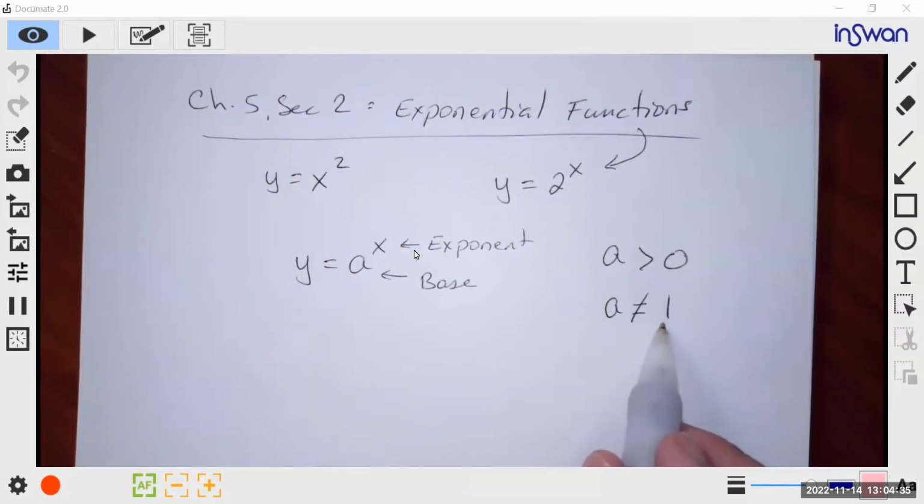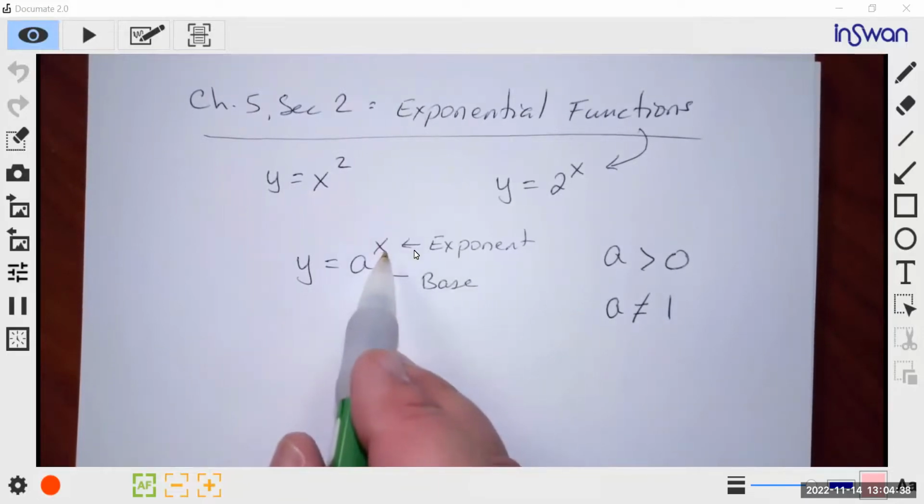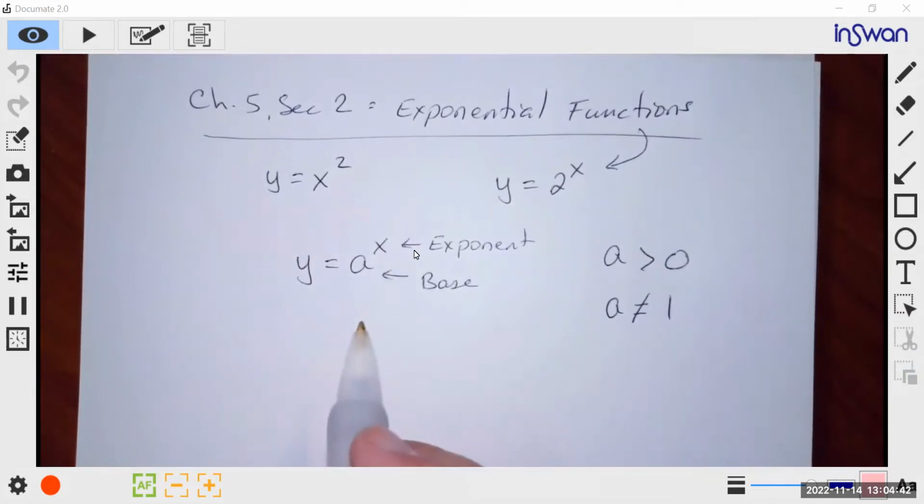If a equals 1, anything you set the power to is always going to equal what? 1 to any power is always going to be 1. So that's just a boring straight line.